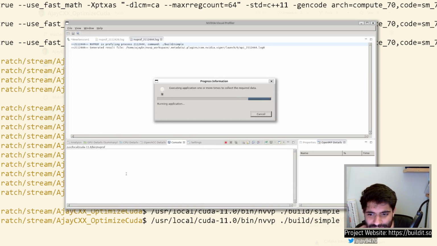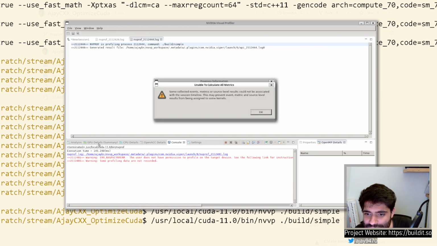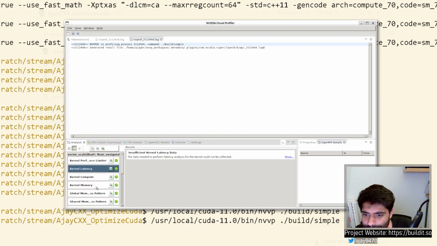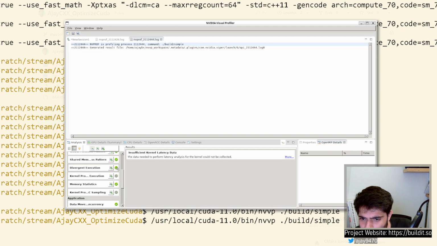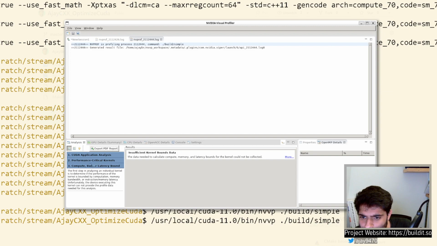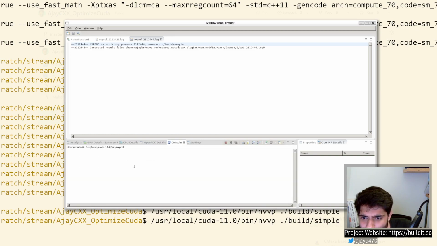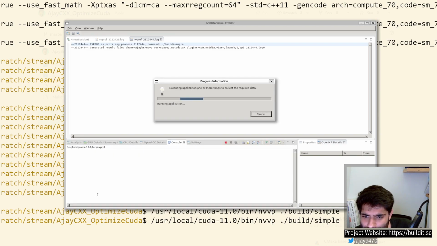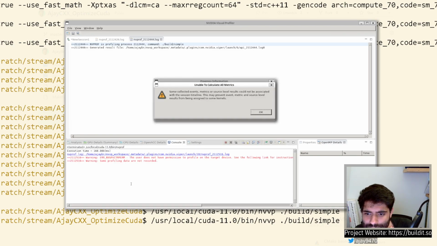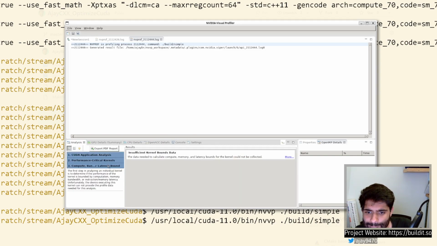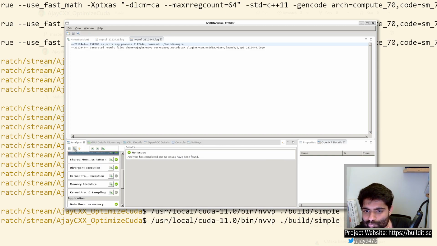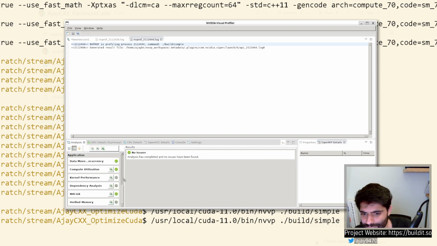It would have been nice if we could look at those graphs though. Unfortunately, it doesn't show because there is no issue.